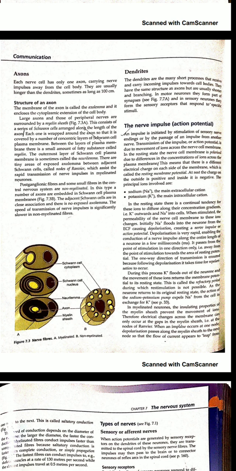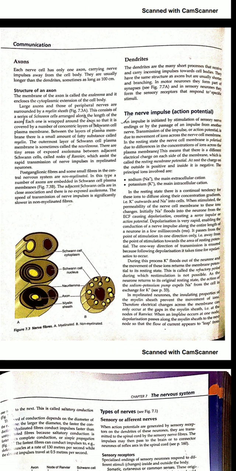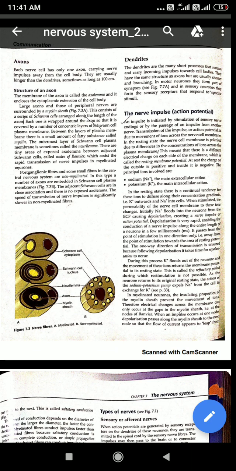When stimulated, the permeability of the nerve cell membrane to these ions changes. Initially, sodium floods into the neurons from the extracellular fluid, causing depolarization, creating a nerve impulse or action potential.